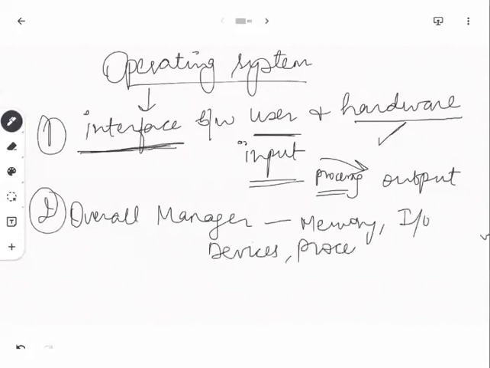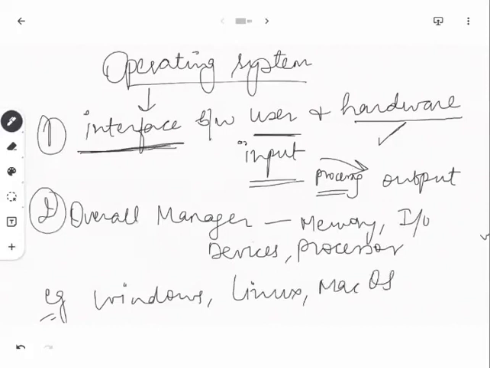So this operating system, this interface, is managing all these resources and the devices attached to your computer system. We have different operating systems available in the market, like Windows, Linux, or Mac OS, and for mobile phones you have Android or Symbian operating systems.